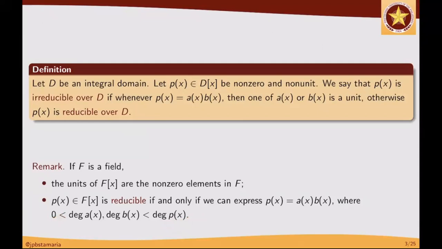Sabihin, walang constant polynomial sa kanila. Okay? Ito, ina-ensure na hindi constant yung A of x, B of x. Kasi pag yung isa sa kanila, ang degree ay kasing laki ng P, yung isa mapipilitan maging constant. So, nire-require natin ito. Kapag ganito yung itsura ng reducible, kapag field ang usapan.